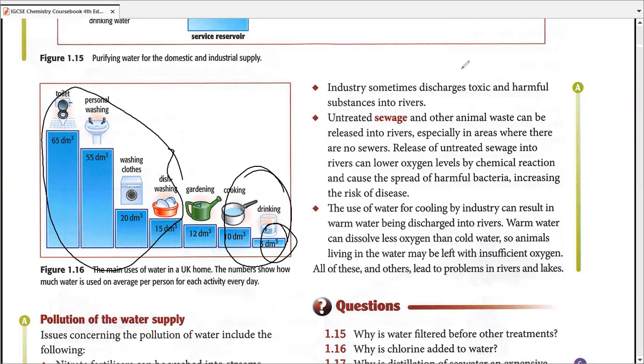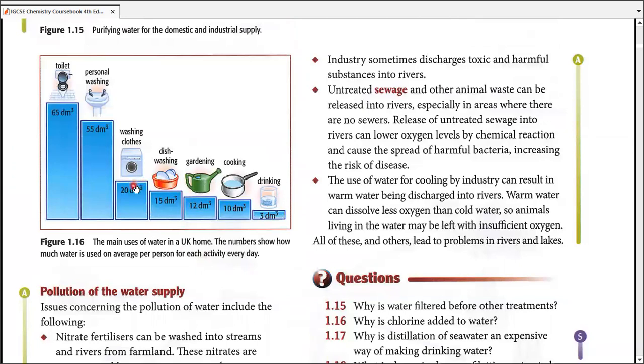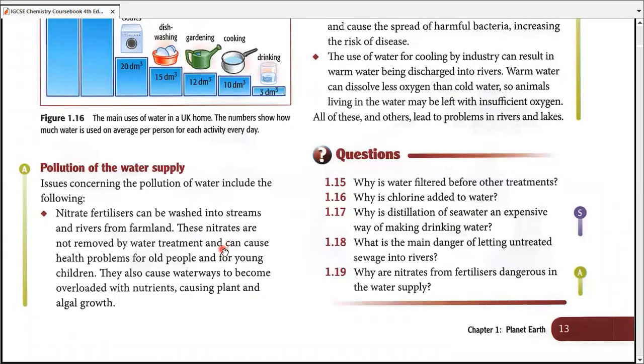So we're using more of the water for our cleaning purposes than we are using it for drinking purposes. That's why we ask people, and especially children, to be very careful about wasting water while cleaning up stuff, while cleaning yourself or your clothes or whatever that is. Okay, pollution of water supply.